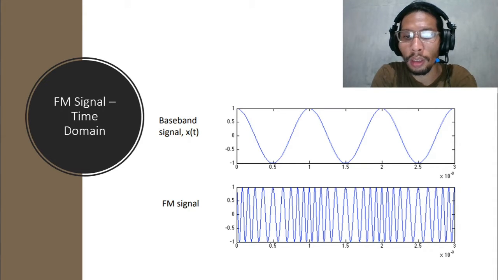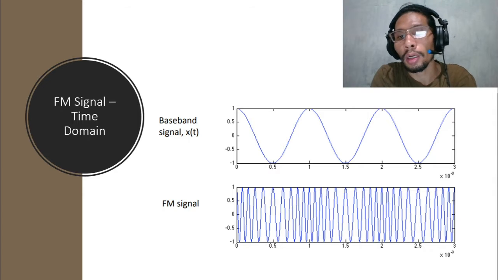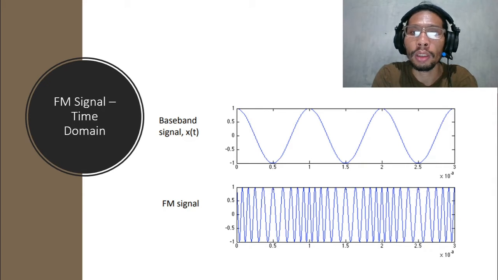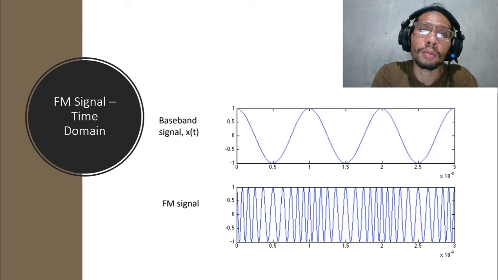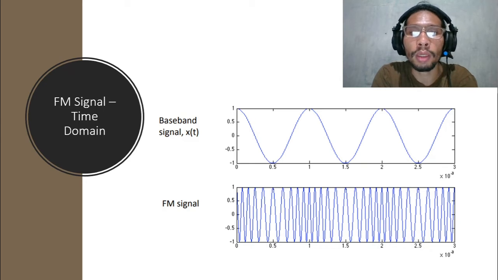You can see that the frequency is varied depending on the positive or negative amplitude of the baseband signal. For the positive amplitude, the frequency is higher than for the negative amplitude of the baseband signal in the FM signal.